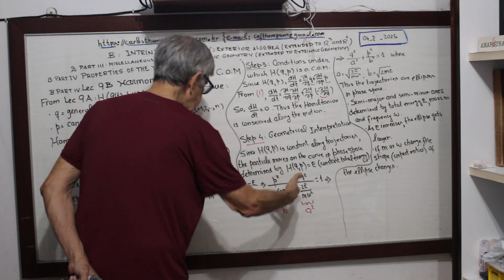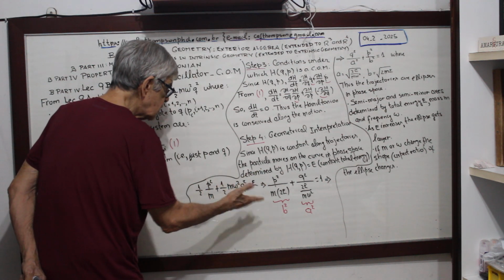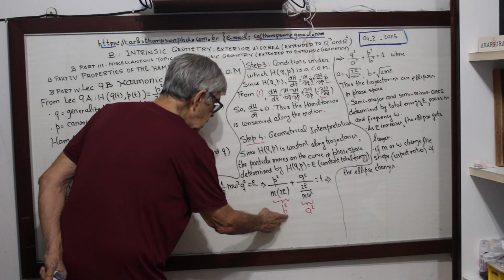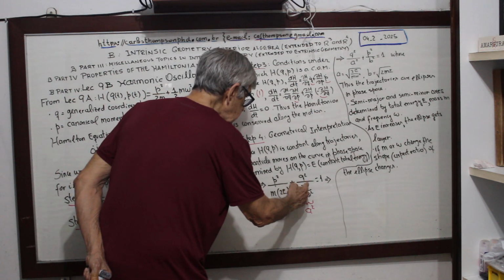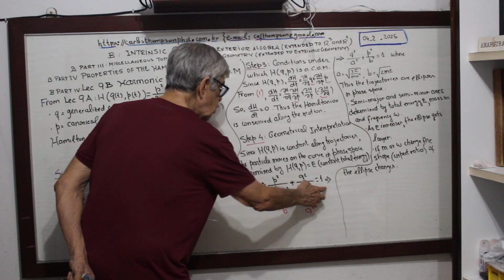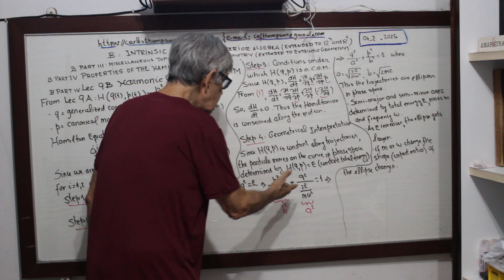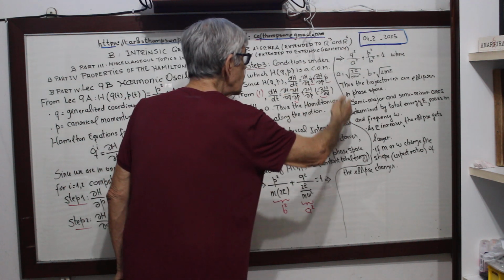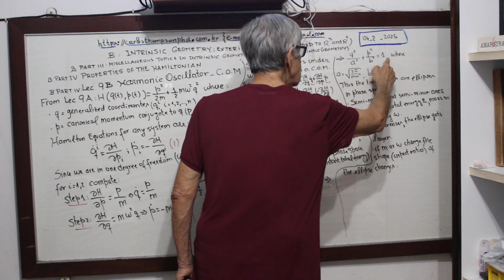Now with a little algebraic manipulation, you just write p squared divided by 2mE, which I call B squared, and q squared divided by 2E over m omega squared, which I call A squared, equal to 1. So then I can substitute A squared and B squared and write q squared over A squared plus p squared over B squared equals 1.